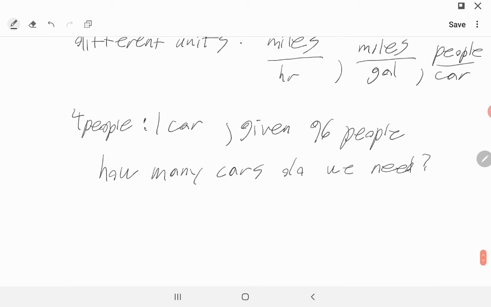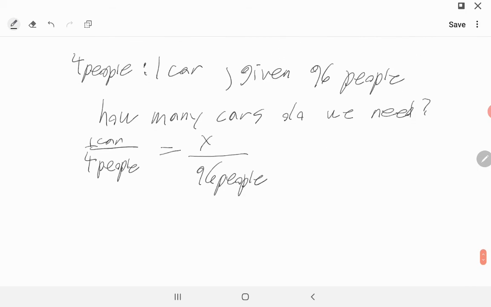We're just setting this up as 1 car divided by 4 people equals X cars divided by 96 people. And so we notice we can cross multiply.